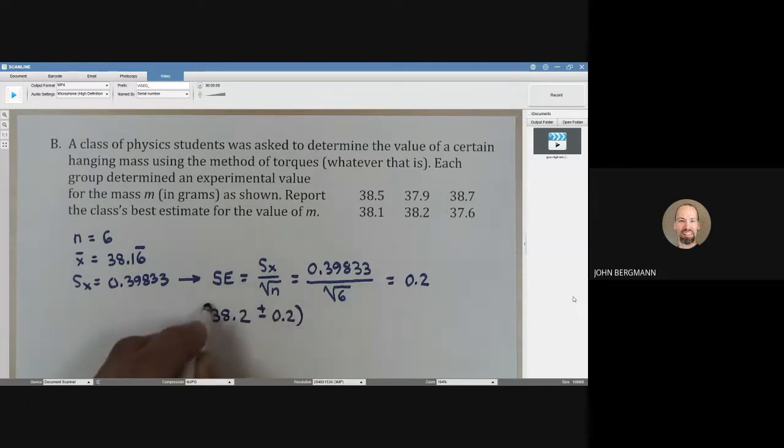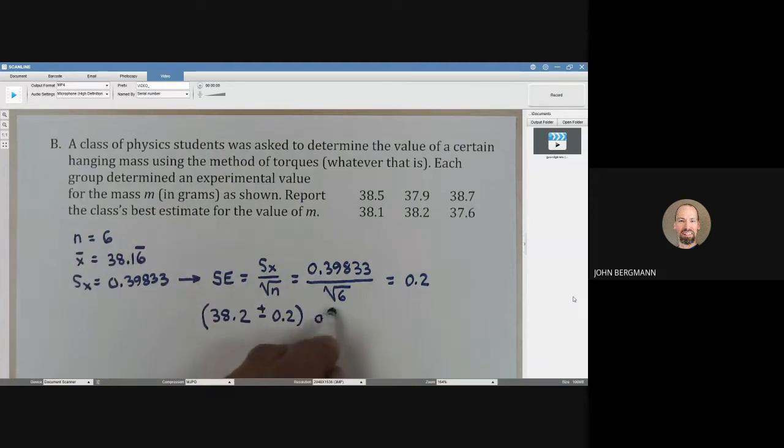Let me put that in parentheses. And then what's the unit? If we go back to our problem, it's grams. As best this class could figure out, we believe that the mass of that unknown is 38.2 plus or minus 0.2 grams.